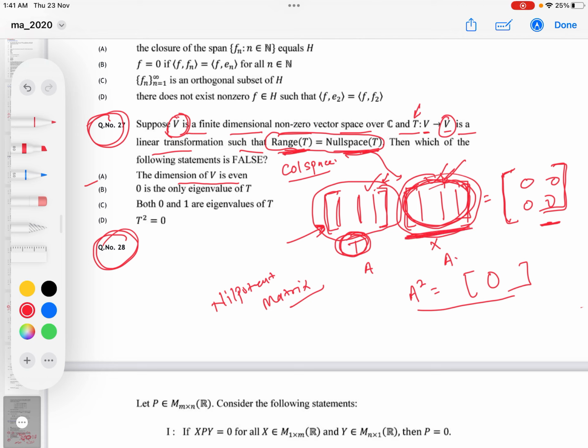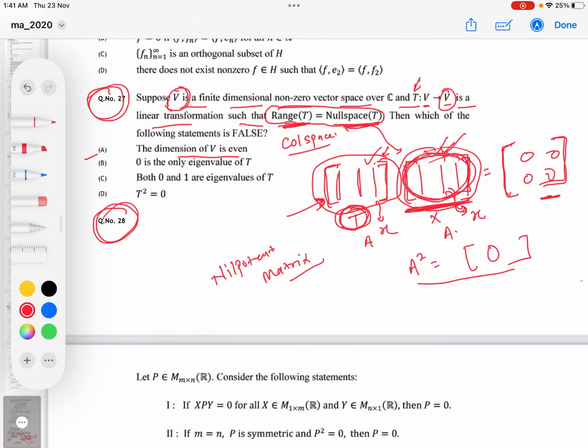So if it has two sets of basis vectors spanning the complete column space, then it will also have the same two sets of basis vectors that span the column space of this matrix also, right? So if it has dimension x, then it will also have the dimension x, right?